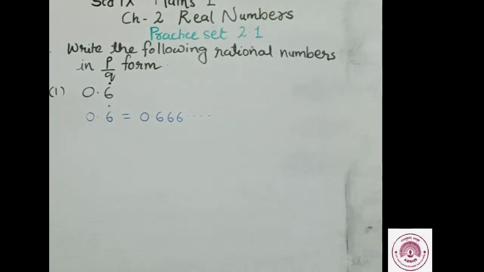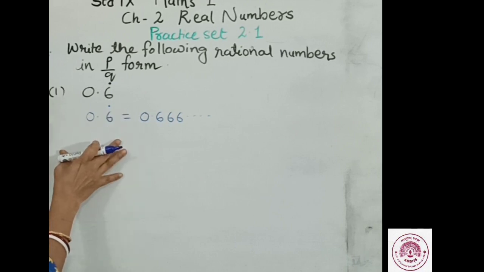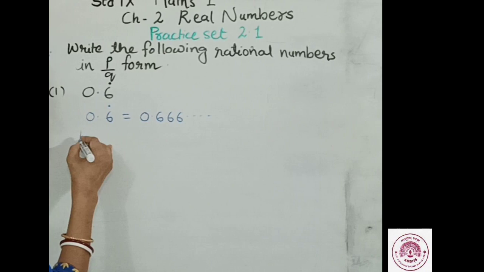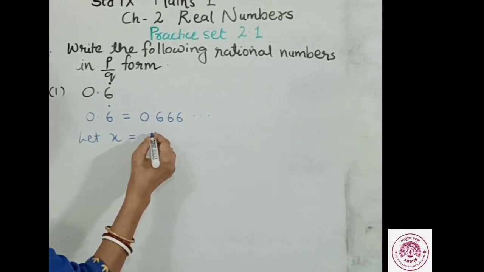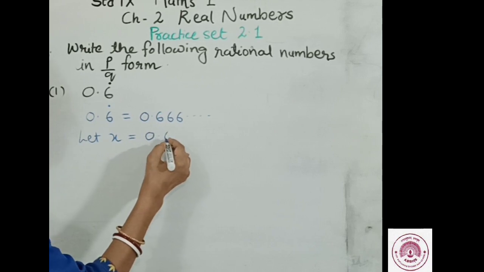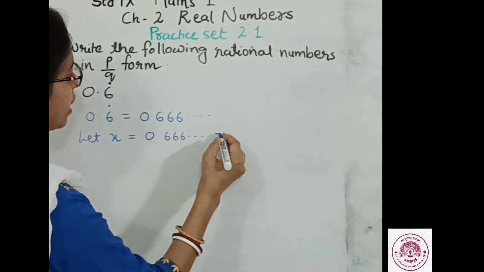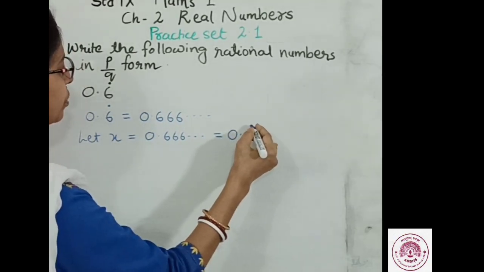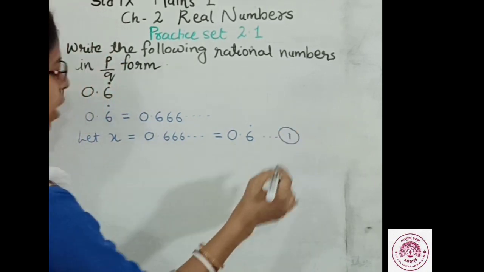Fine, so let's start. We have to write the p by q form of this decimal number. Let x equal 0.666 and so on, which is equal to 0.6 dot. Let this be equation number 1.